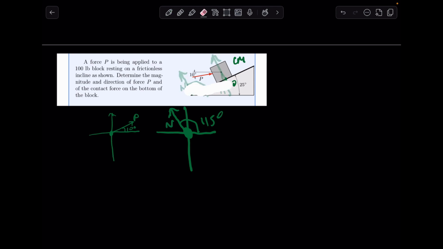Okay. And finally, we have the weight of the block, which is this force right here. So we're going to put it here, weight of the block. And that one is just acting straight down because gravity acts straight down. Remember, weight is a unit of force.